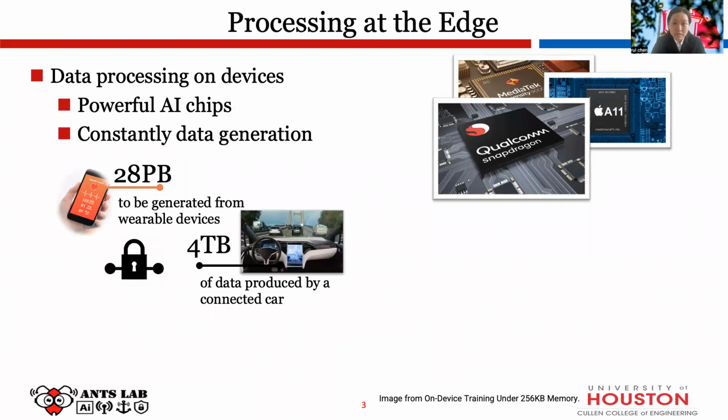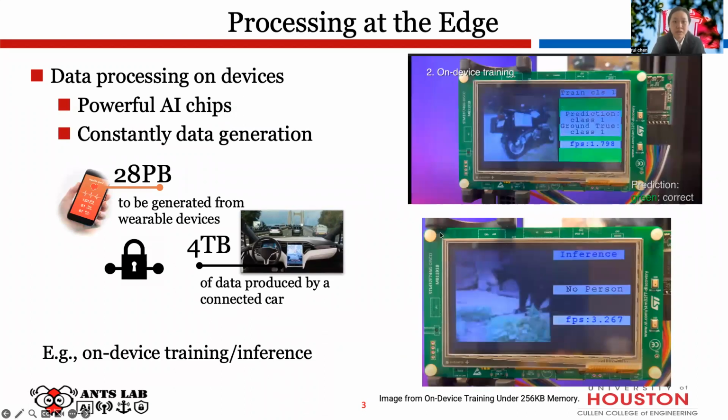And these are the same devices that interact with us every day and generate a massive amount of personalized data. So it became a trend to push AI to the edge. For example, we have two snapshots showing that embedded systems can do simple on-device training and inference for image classification tasks. It is good since the device can collect the data and generate an AI model to improve the user experience.